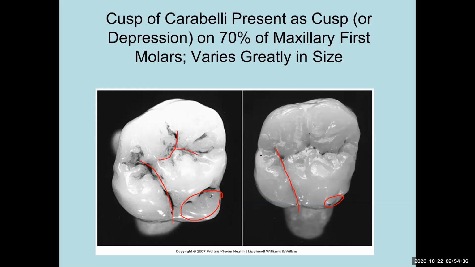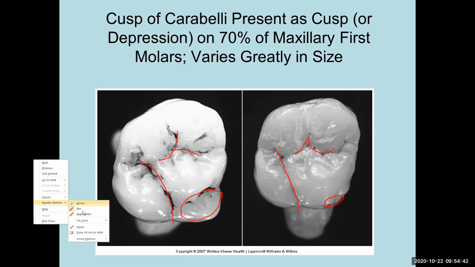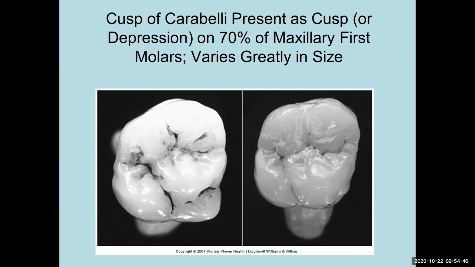Look at the difference in the definition of the occlusal patterns. Again, it's much easier to compare a first and second than to determine which one's the first or second. That cusp of Carabelli is the identifying characteristic.